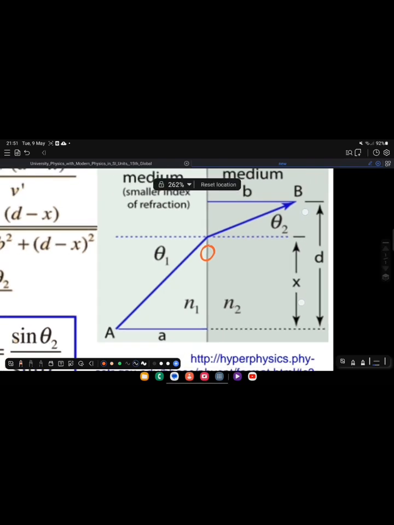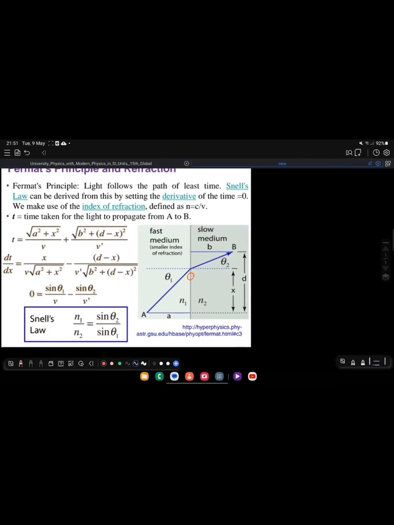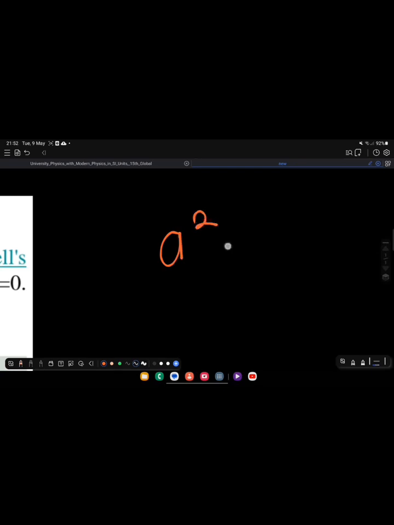We can divide the distance into two parts, which is from A to O and from O to B. When we want to find the distance from A to O, we simply use the Pythagoras theorem, which is square root of a squared plus x squared.